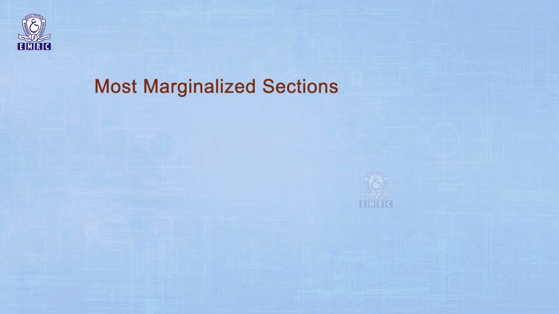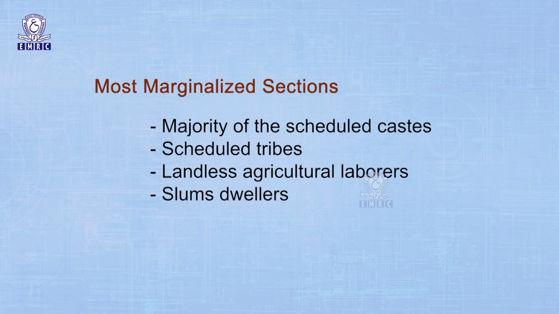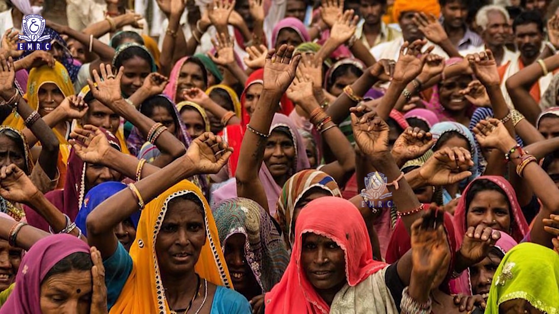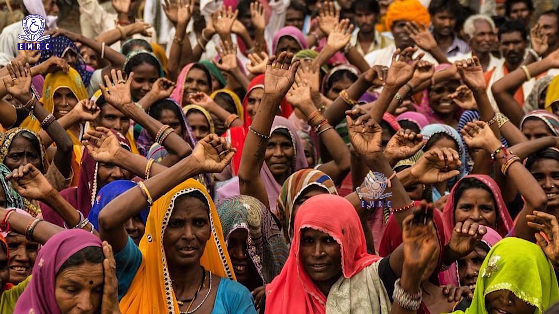The distribution of the development opportunities among different sections of our society. It is a well established fact that the majority of the scheduled castes, scheduled tribes, landless agricultural laborers and slum dwellers etc. are the most marginalized sections. A large segment of the female population is the worst sufferer among all.